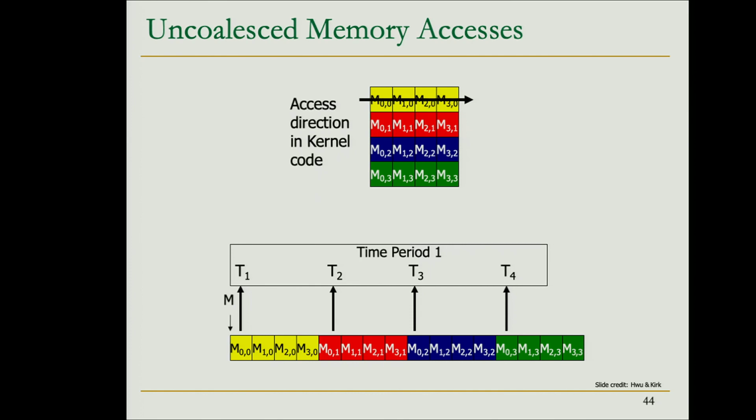So in the first iteration, thread 1 reads this, thread 2 reads this, thread 3 reads this, and these are very far away, different cache lines, so I need 4 memory transactions to satisfy this memory request, this first load instruction.